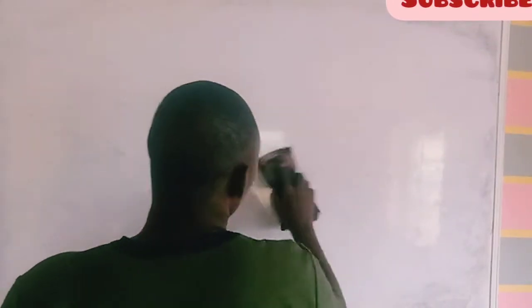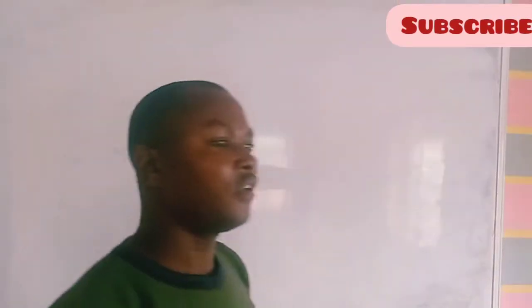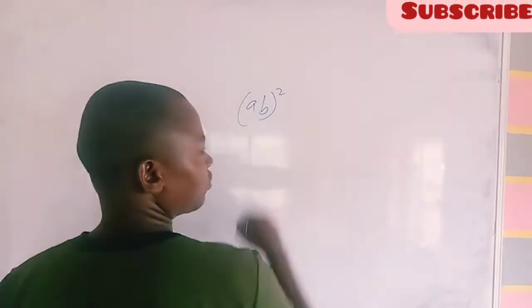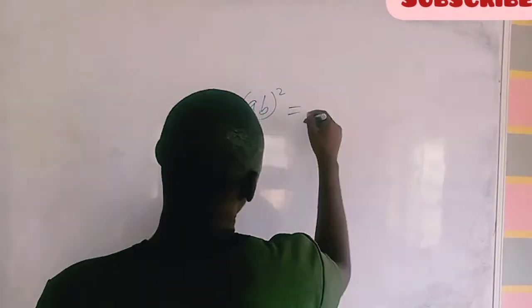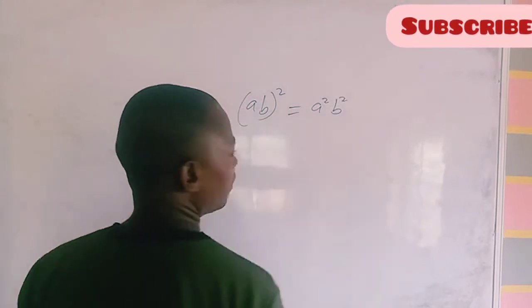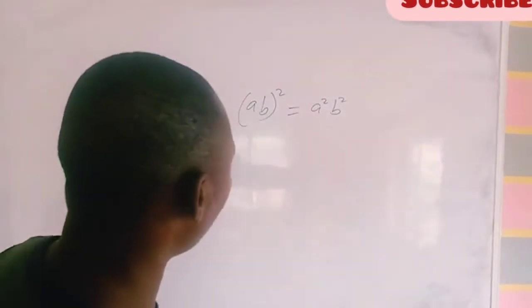So let me give you another law, the law of distribution of power. So if you have (AB) raised to power 2, we distribute the power to give us A square B square. That's the law of distribution of power.